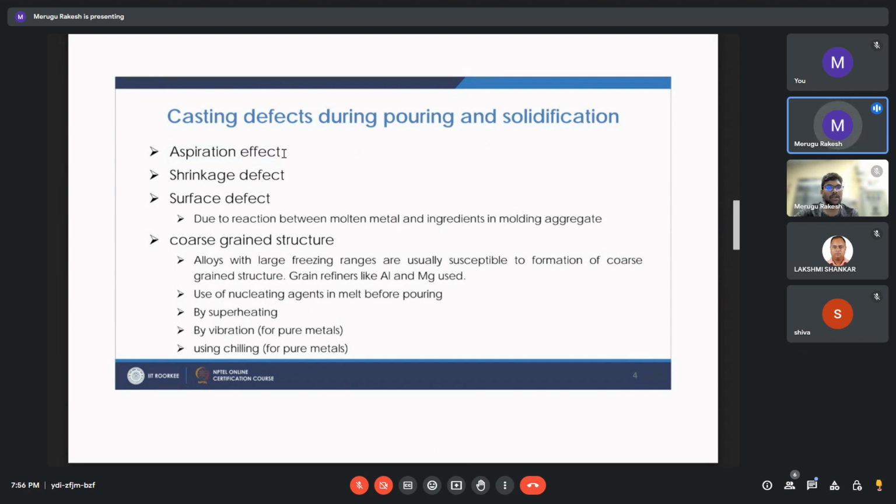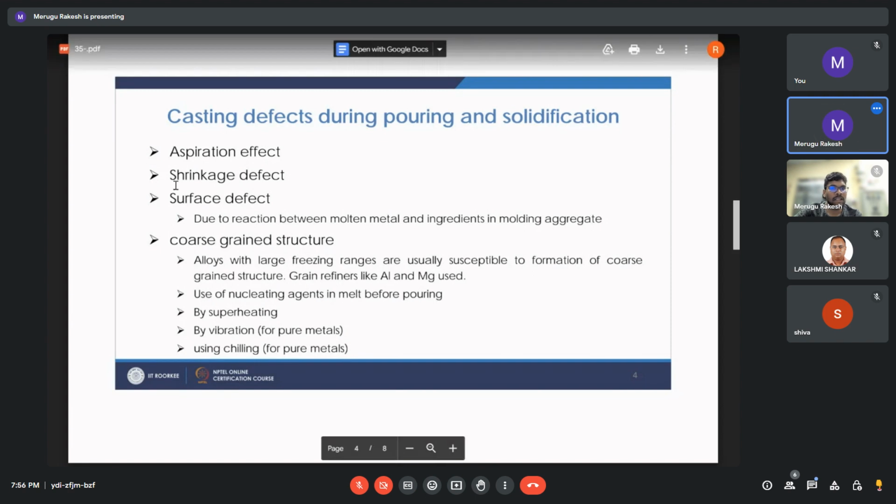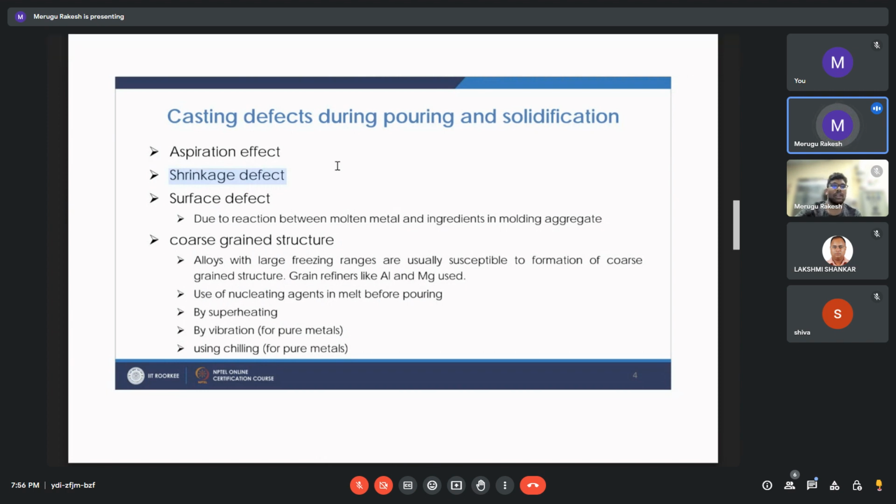If there is negative pressure, there is always a chance that some air gets entrapped into the mold. Shrinkage is unavoidable, due to the density difference between the liquid and solid. We have a very good difference between the liquid and solid densities, so we have to provide risers to compensate for these shrinkages.